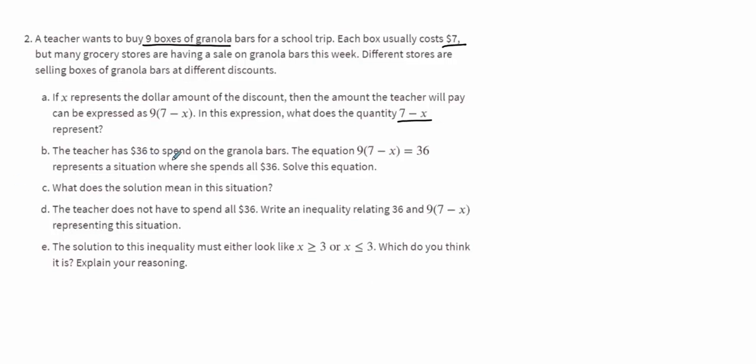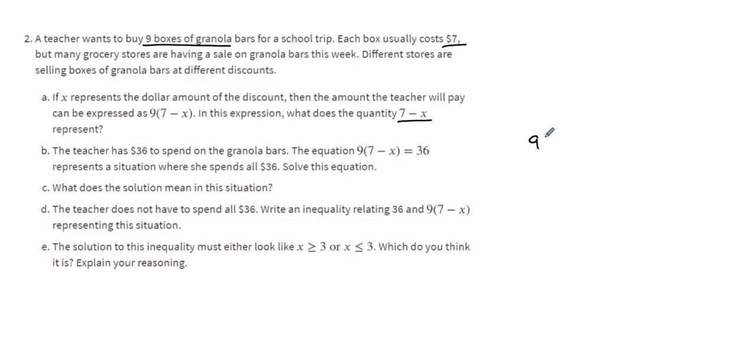The teacher has $36 to spend on the granola bars. The equation 9 times the quantity 7 minus x is equal to 36 represents a situation where she spent all $36. Solve this equation. So how much money did she spend, or what was the discount for the boxes?